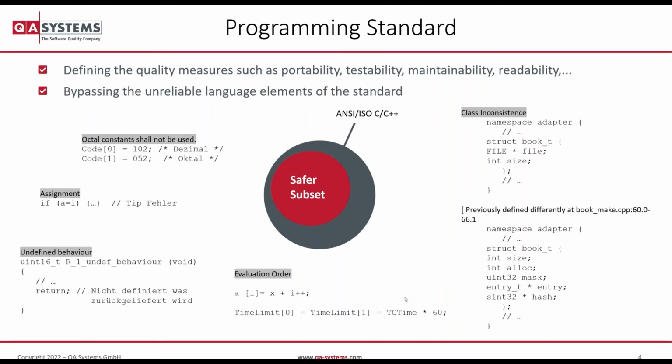As examples, I think you have all seen a lot by yourselves. The first example, on the top left, is that if you put a 0 before your number, it's an octal number and not a decimal number anymore. Or a very common problem is putting an assignment in an if statement.